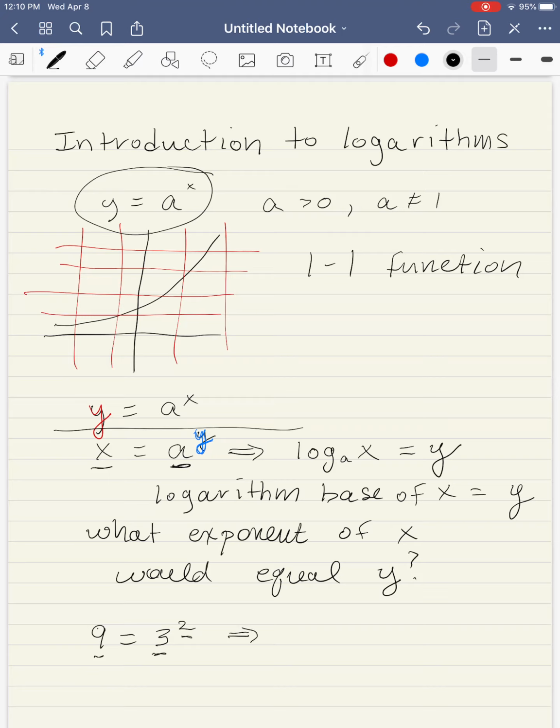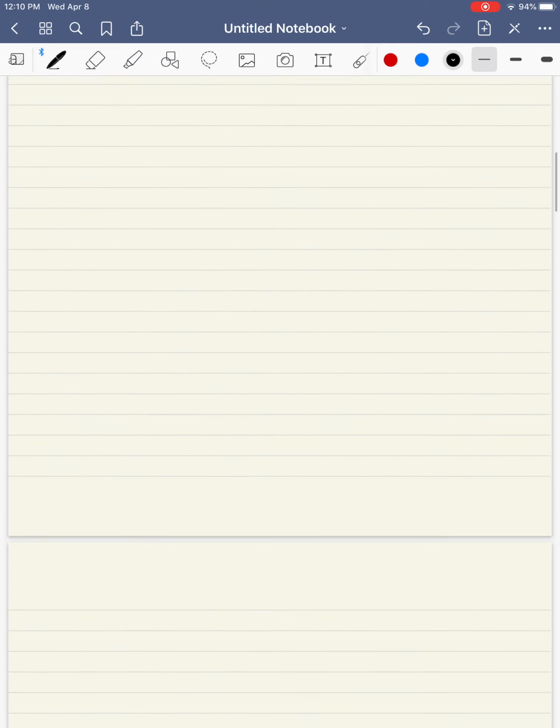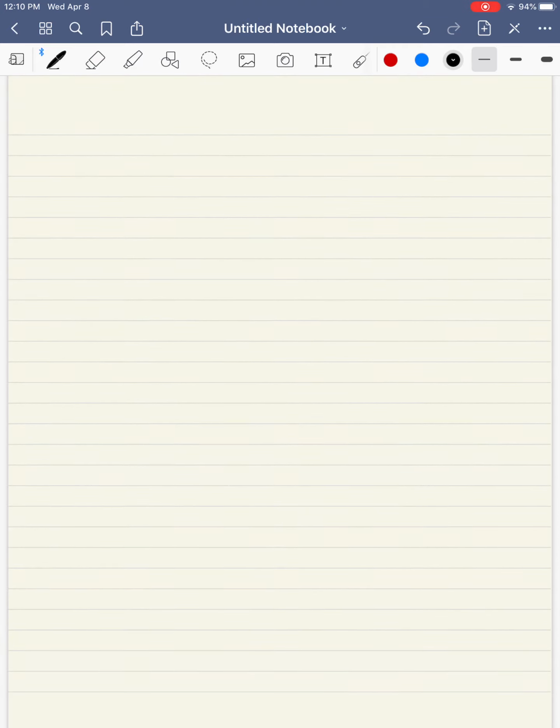I can write that as a logarithmic statement saying the logarithm, my base here is 3, logarithm base 3 of 9 is equal to 2. So I'm saying 3 to what power equals 9? Let's look at another one.